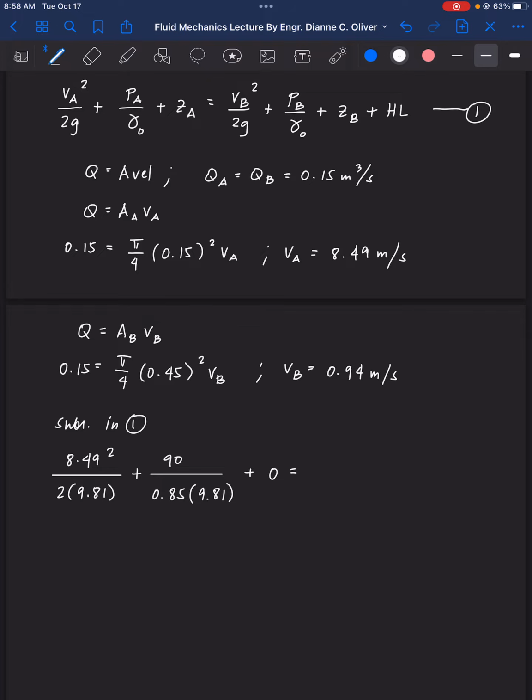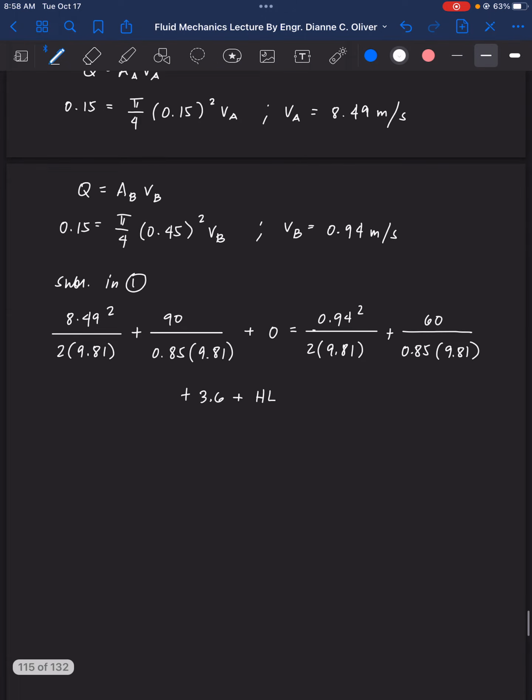head for B, which is 0.94 squared over 2 times 9.81 plus 60 kilopascal over 0.85 times 9.81 plus the elevation 3.6 plus the head loss, which is what we are looking for. So what is now the value for head loss?